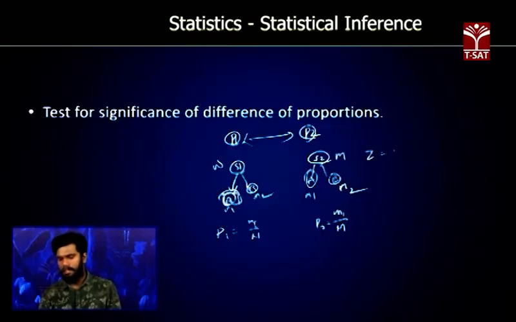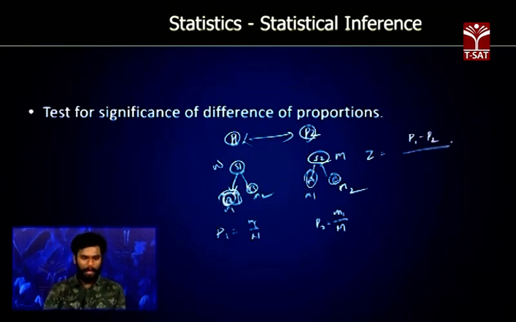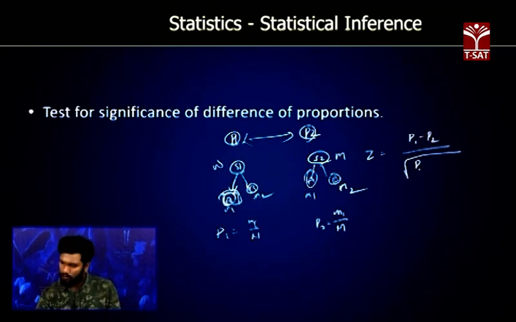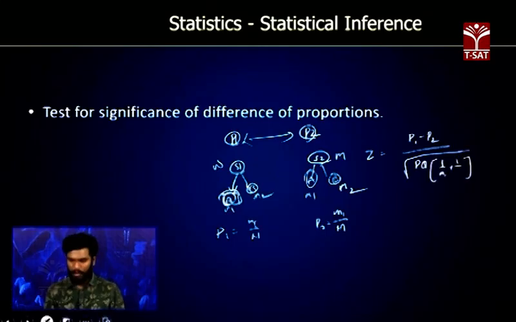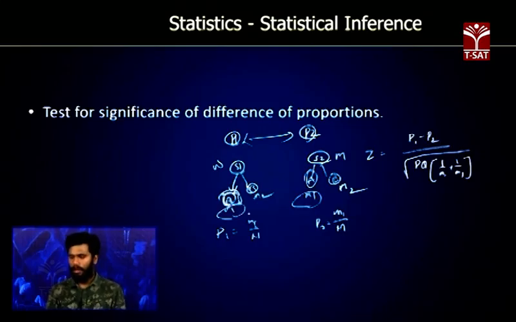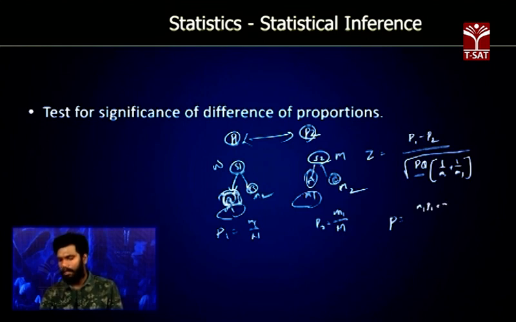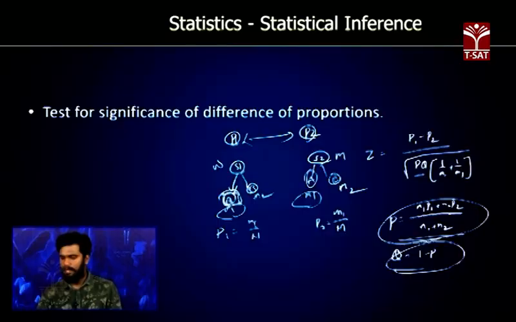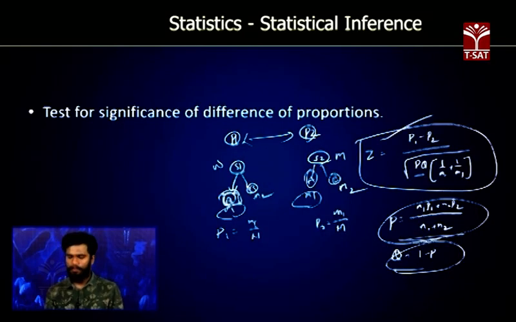That Z statistic is given by P1 minus P2 divided by under root of PQ into 1 by N1 plus 1 by M1. అంటే ఈ value to consider. Now this P, capital P, the pooled P is given by N1 P1 plus N2 P2 by N1 plus N2, and capital Q is 1 minus capital P. These are 2 relations you have to remember, and the Z statistic is important.